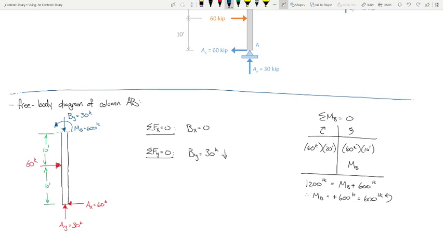So what I'm going to do now is take a little bit of a break. And now I want to do kind of the same thing and investigate the free body diagram of the beam. Everything I just did, I want to repeat independently, and you'll see what's going on here. All right, so bear with me.